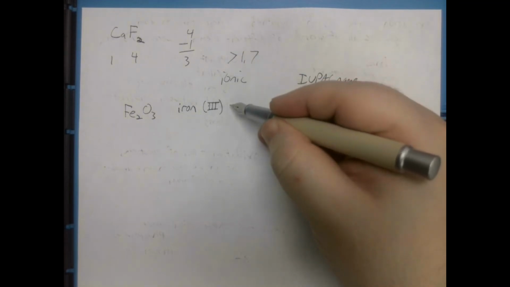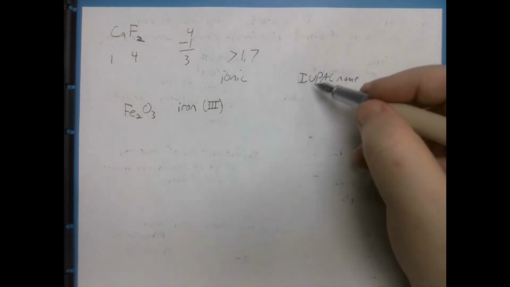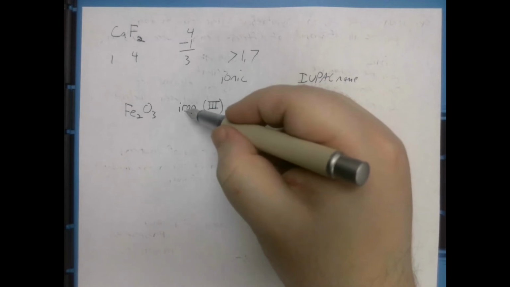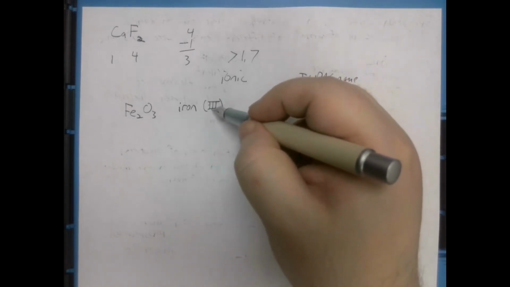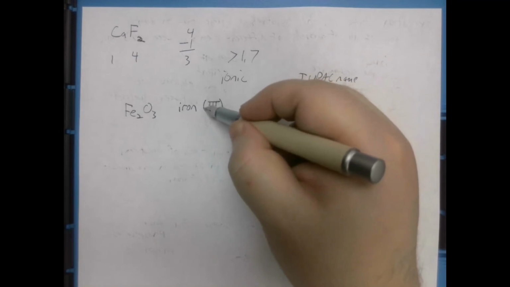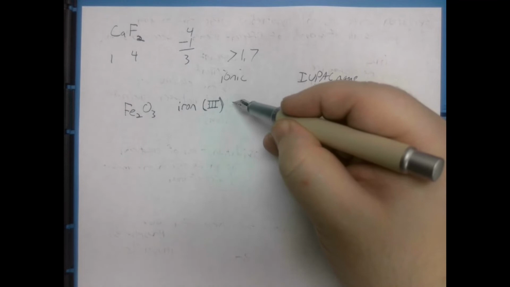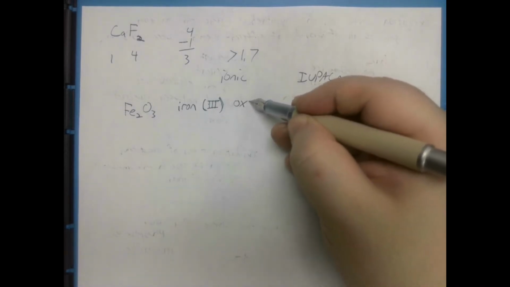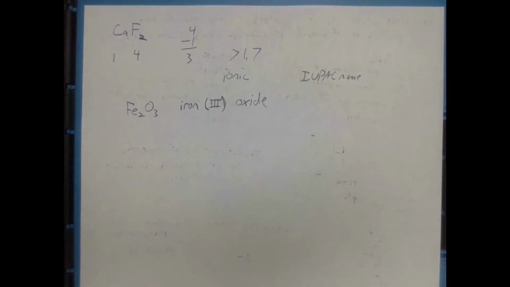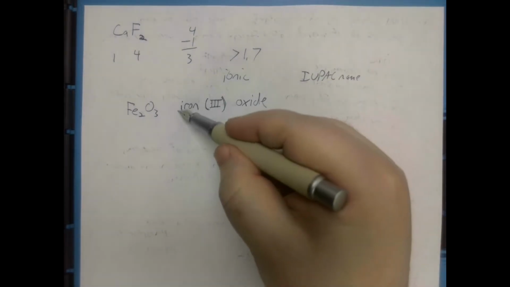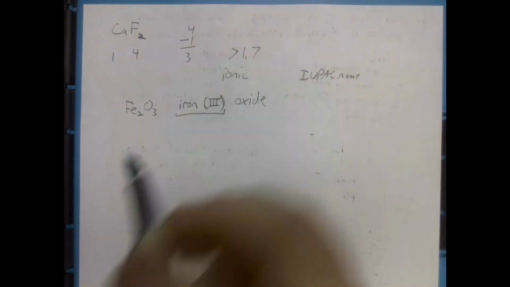So this is according to the rules used in class. We write the name of the cation, and if it has multiple oxidation states, in parentheses and Roman numerals we write the charge. And then we write the name of the anion. So if it has multiple oxidation states, that was one of the rules.